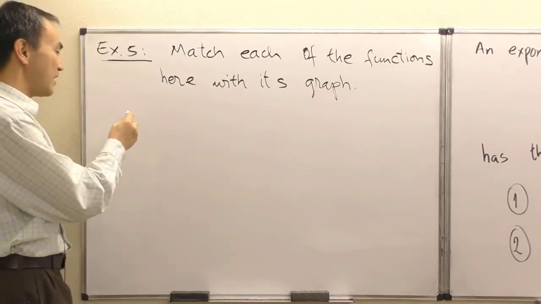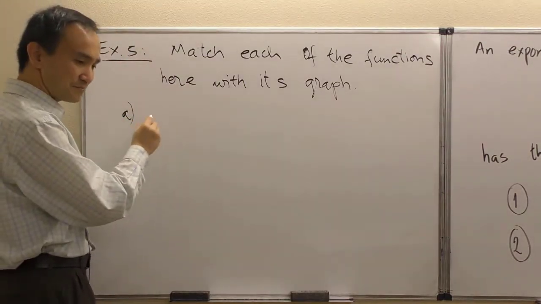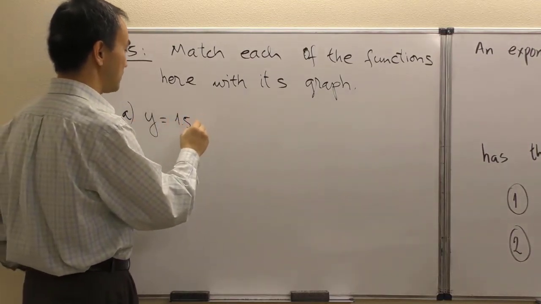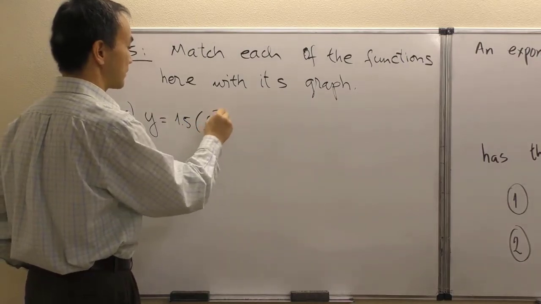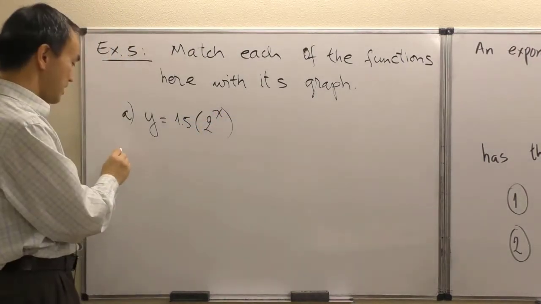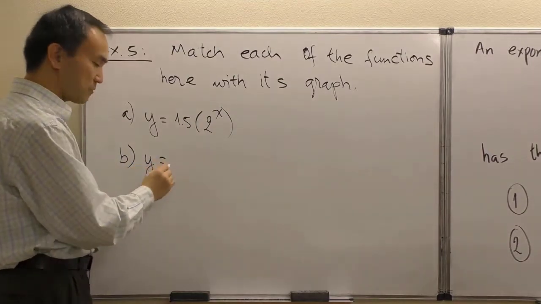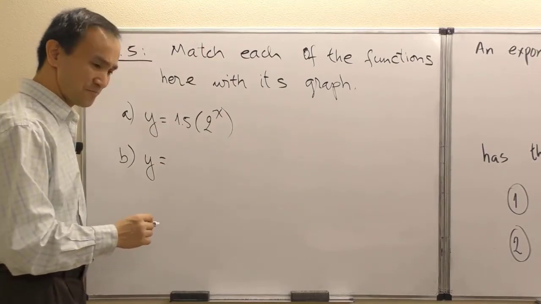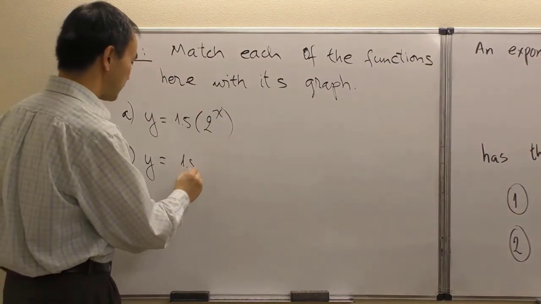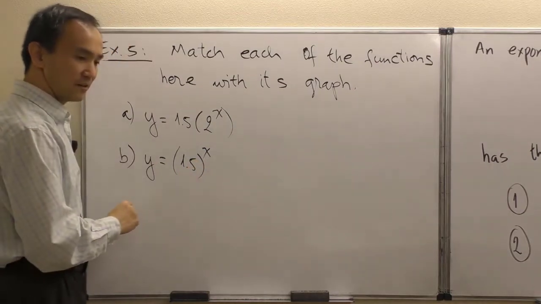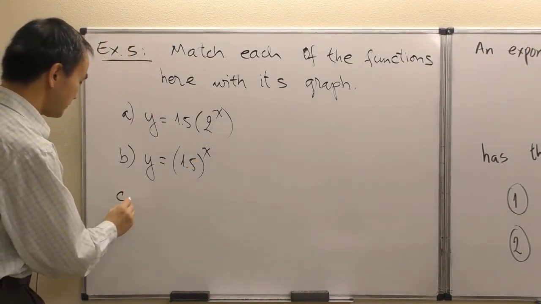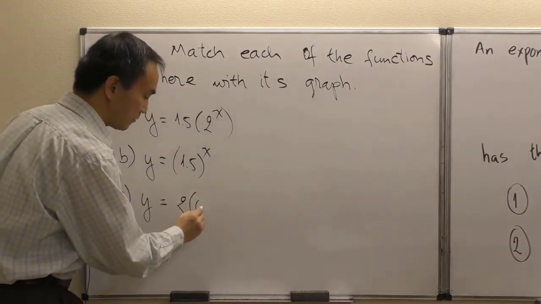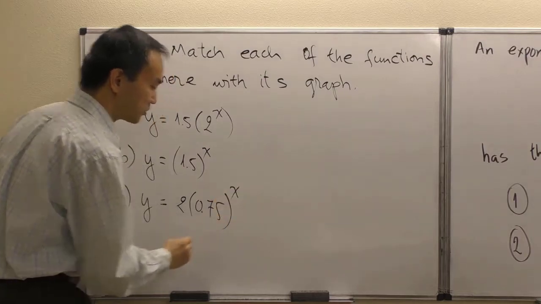All right, so here we have a list. How about A is the function y equals 1.5 times 2 to the x. Then we have function B, which is 1.5 to the x. Then for C I have 2 times 0.75 to the x.